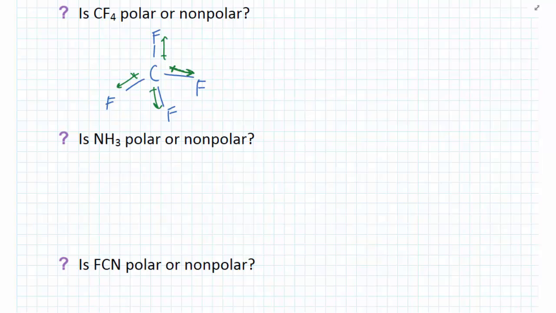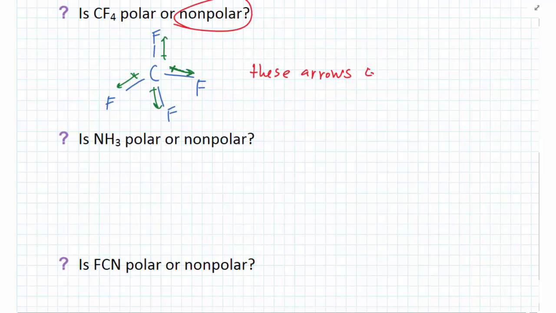But remember, the whole thing about a tetrahedron is that those are four things that are spread out three-dimensionally around a single point. Okay? So, is that polar or nonpolar? That's nonpolar. Okay? These arrows completely cancel.